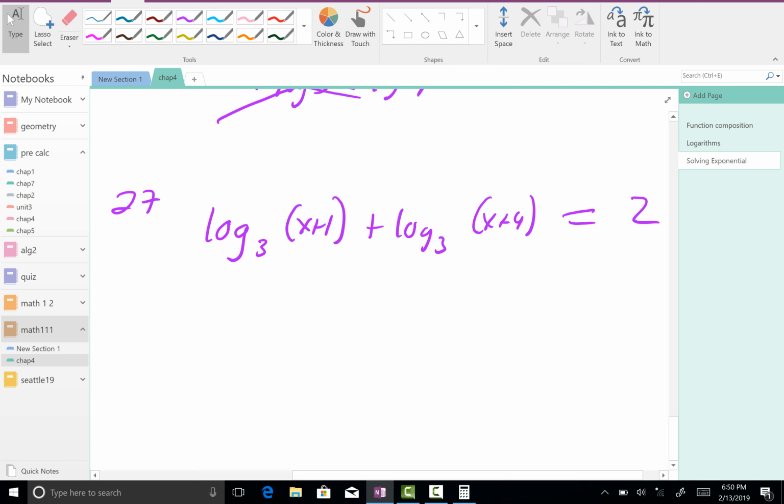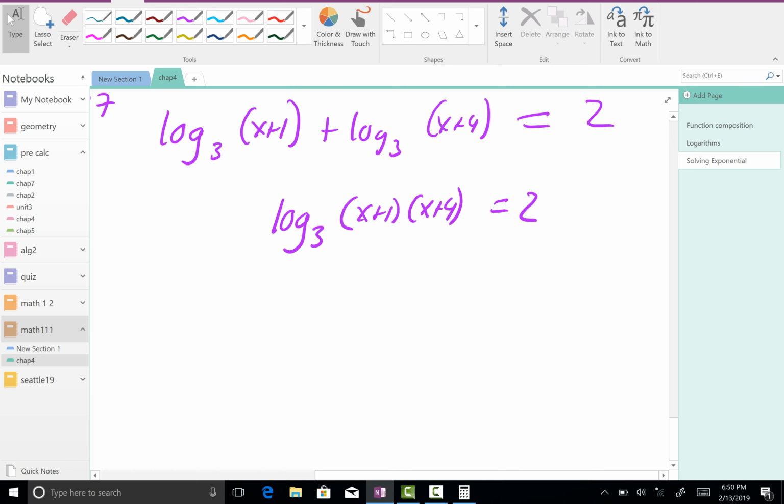So here we have a plus with two same base logs. How can we rewrite that as a single log? What's that going to look like? Multiply. So it's going to be log base 3 of what? Yeah. And that's going to be equal to 2. Okay, so then we just do this.